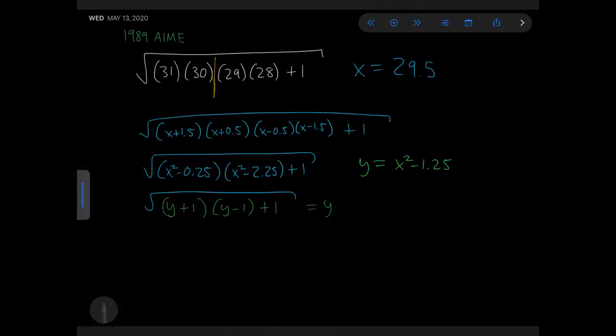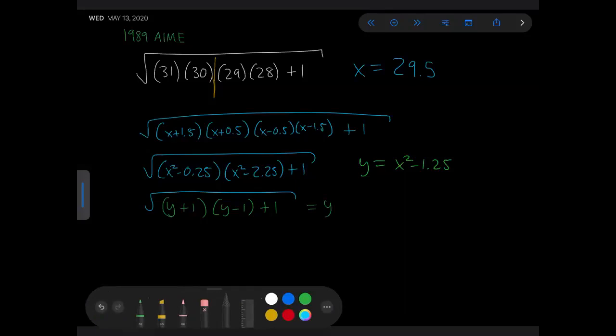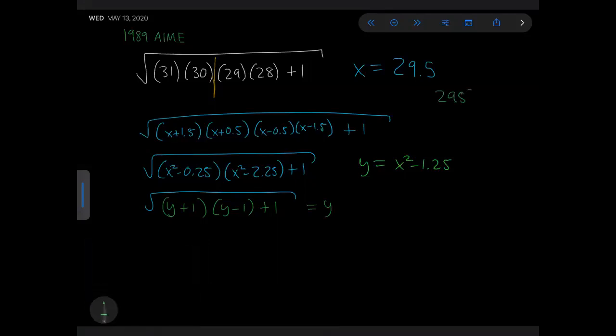So what is y? We know x is 29.5. So 29.5 squared is a tiny bit hard to calculate, but not too bad. You could think of it as 295 squared divided by 100. If you know the trick for squaring numbers that end in 5, you just do 29 times 30 and then add a 25 at the end.